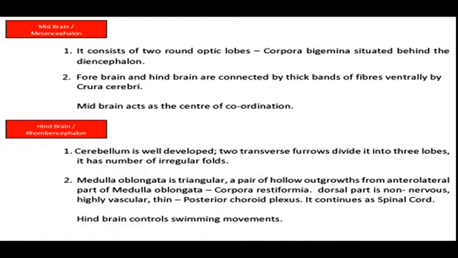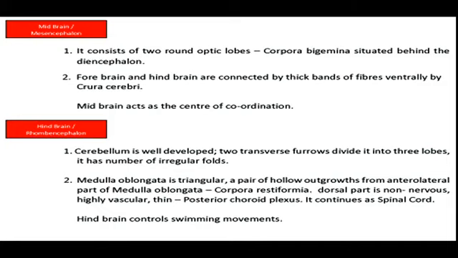This region of the brain includes cerebellum and medulla oblongata. Cerebellum is well developed. Two transverse furrows divide the cerebellum into three lobes, and this cerebellum has a number of irregular folds on it. The second part of hindbrain is medulla oblongata. Medulla oblongata is triangular. A pair of hollow outgrowths from anterolateral parts of medulla oblongata are known as corpora restiformia.